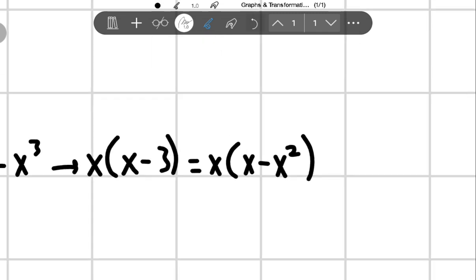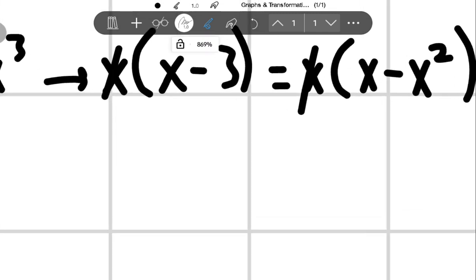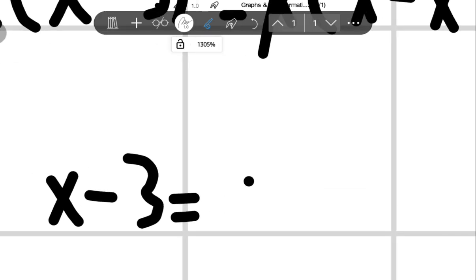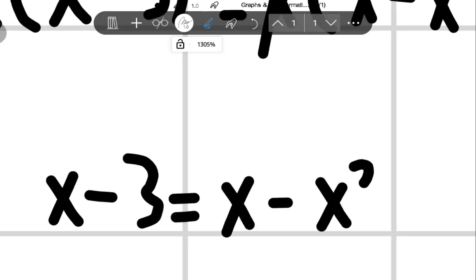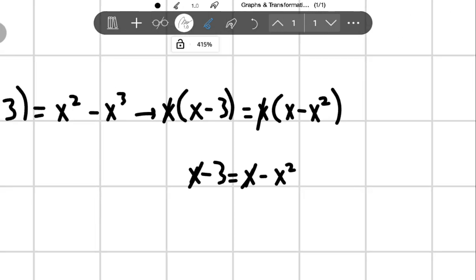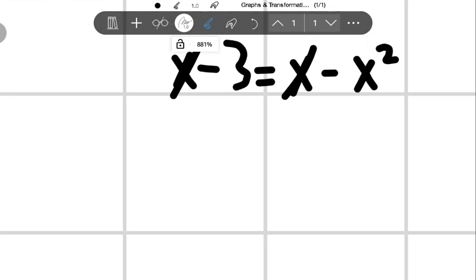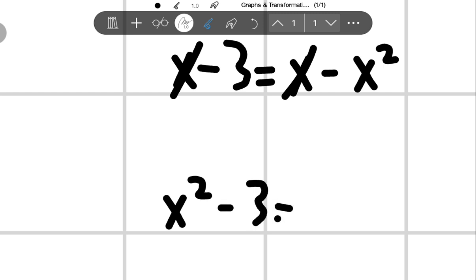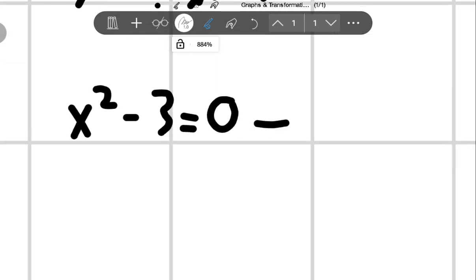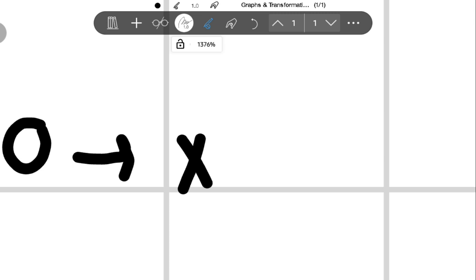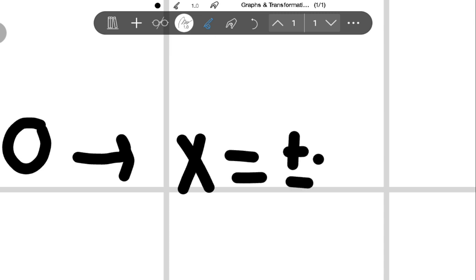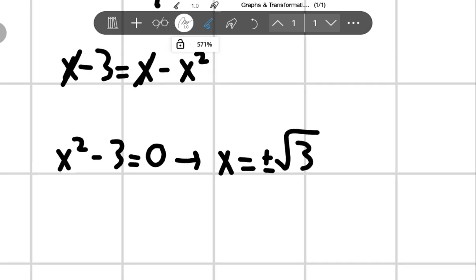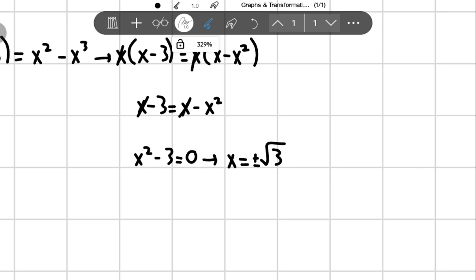These will cancel out, so we'll be left with x squared minus 3 equal to 0. You just add 3 to each side, so we'll be left with 2 solutions of x of either positive root 3 or negative root 3.